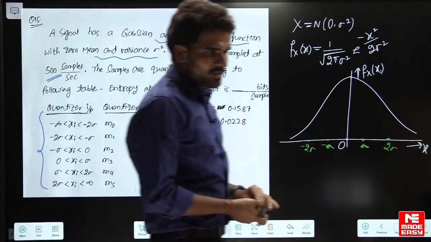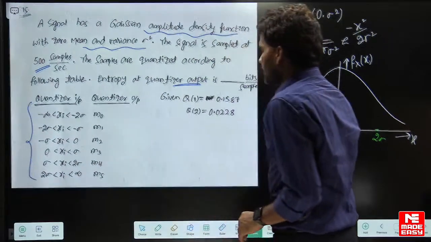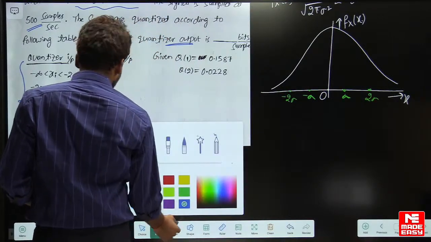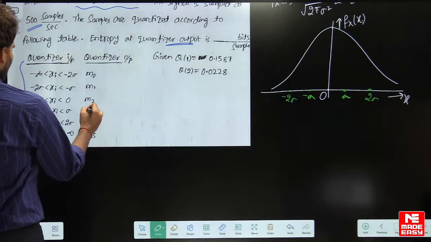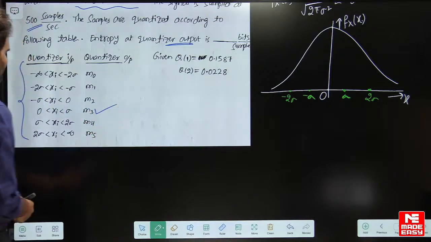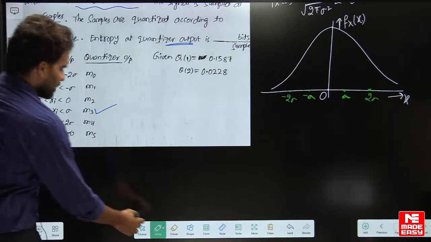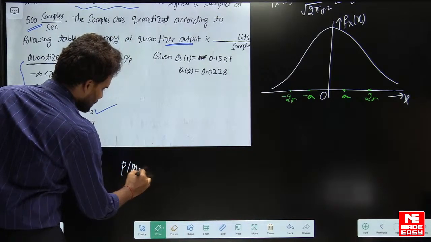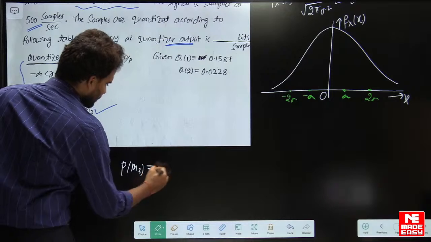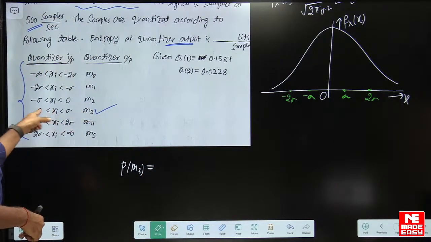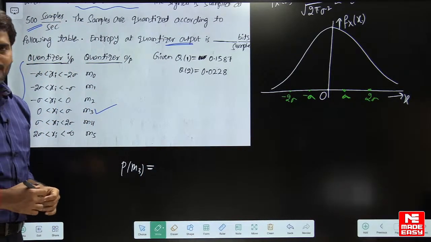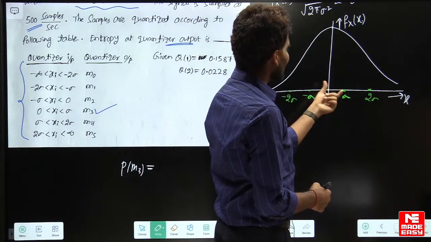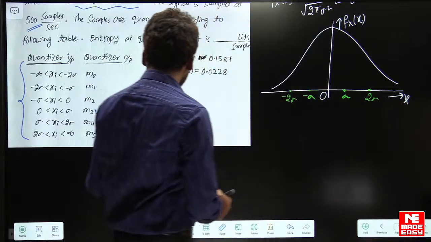Now first let me find PM3. What is the probability to get M3 in the output? To get M3 in the output, the x value should be in between 0 and sigma. If your x value is in between 0 and sigma, those samples will be quantized to M3.